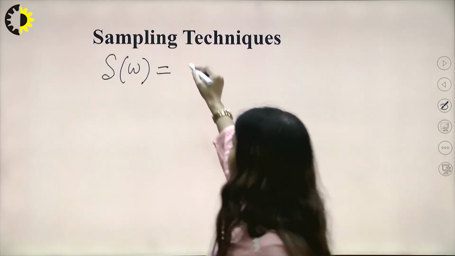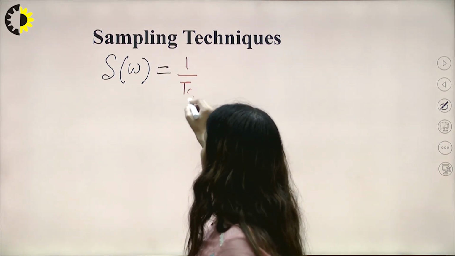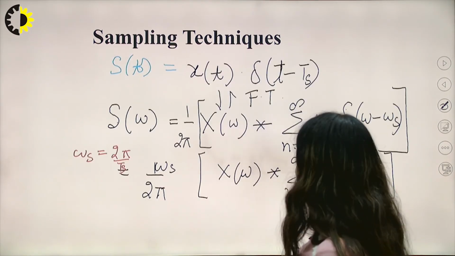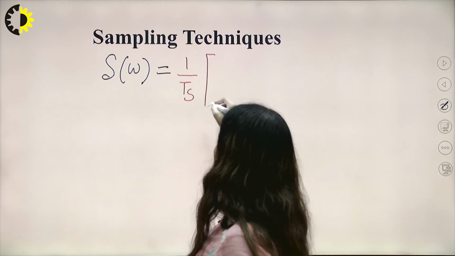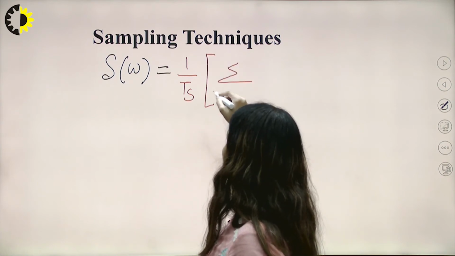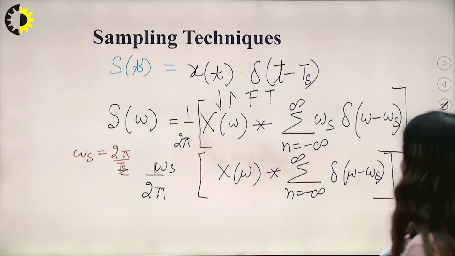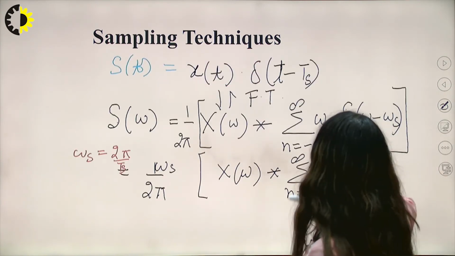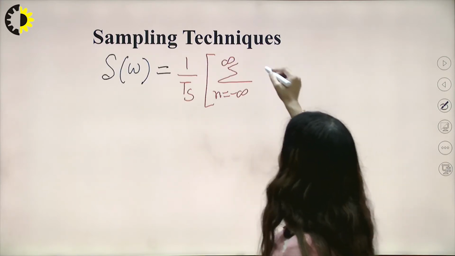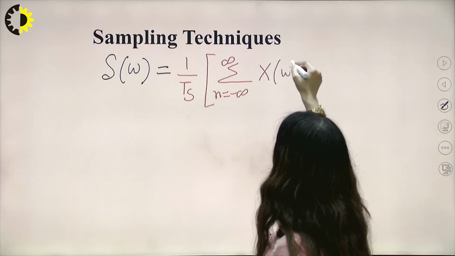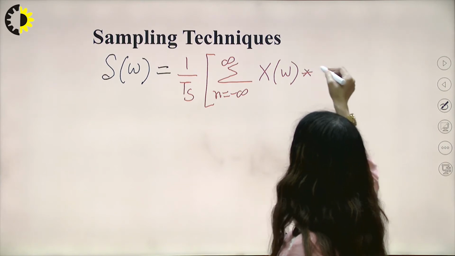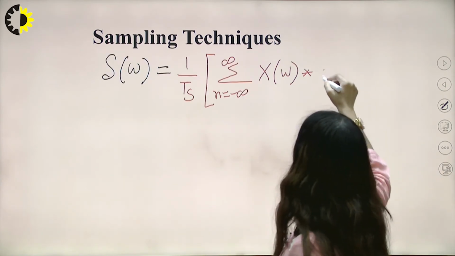So here I will write simply 1 upon Ts, and I will take the summation outside, summation n equal to minus infinity to plus infinity, and here X(omega) convolution with delta of omega minus omega s.